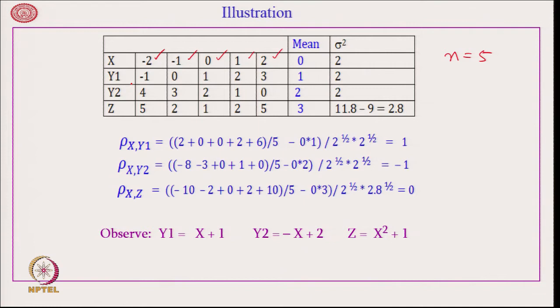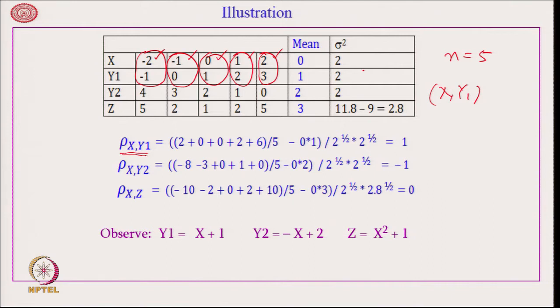So, let us consider x and y1, that means we are looking at these pairs of observations: -2 -1, -1 0, 0 1, 1 2 and 2 3. Therefore, what is going to be the correlation between x and y1?